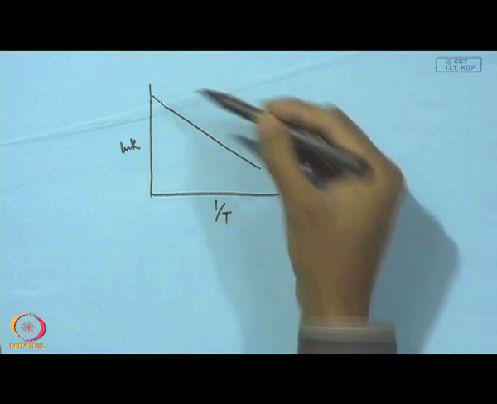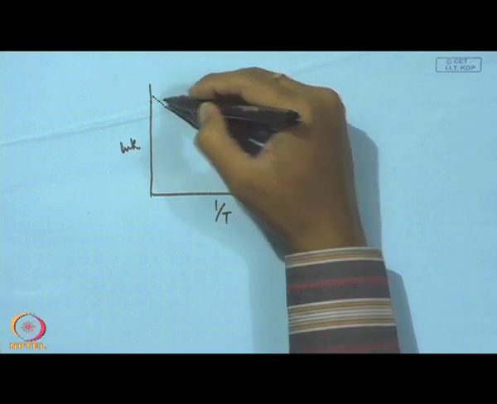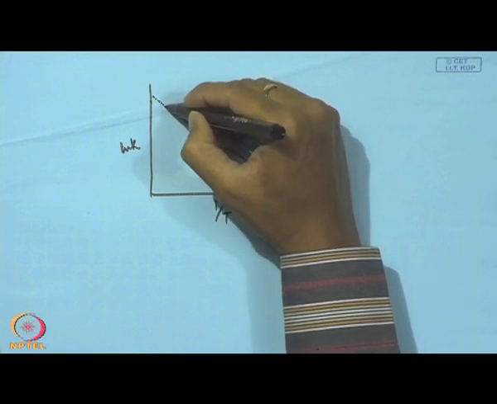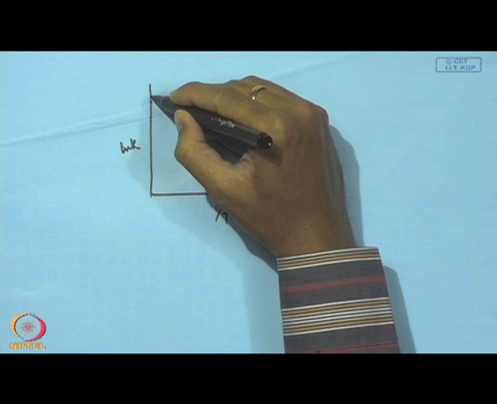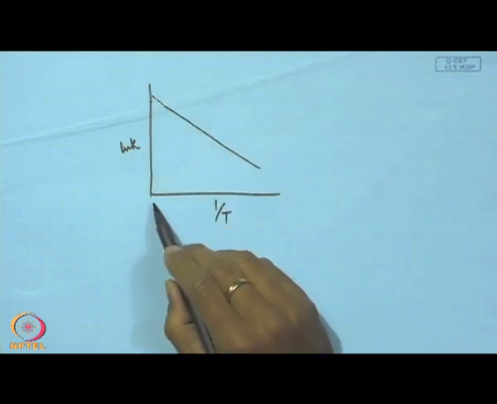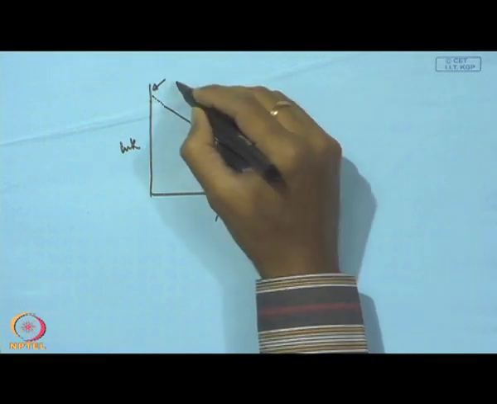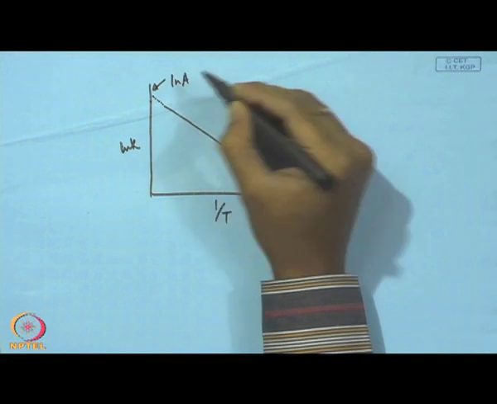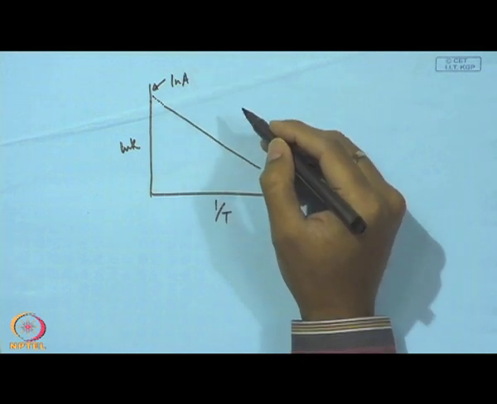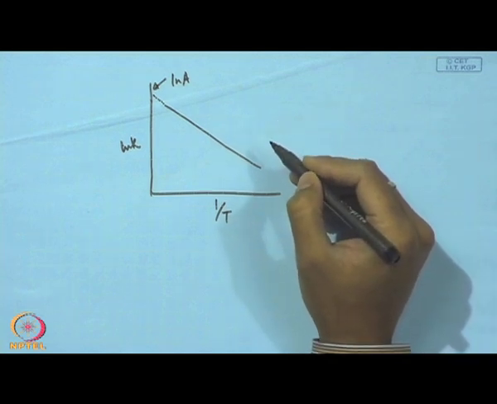That is why maybe we can go up to a certain temperature, we cannot go to a very high value or infinitely high value. That is why your curve may be starting from somewhere over here, not exactly touching, but you can extrapolate it to 1 upon T equal to 0, and that will give you ln A. So, that is the logarithm of the frequency factor, or maybe it is also called the pre-exponential term.